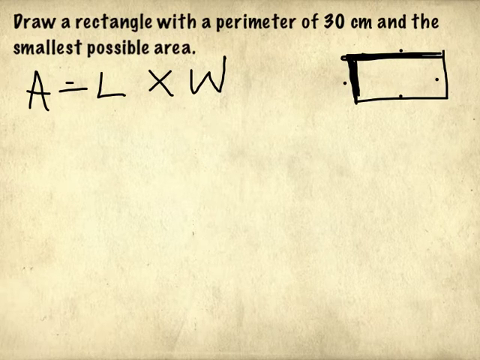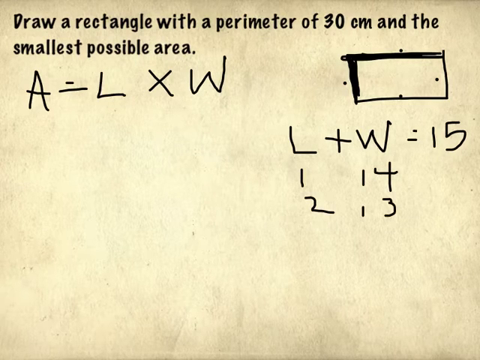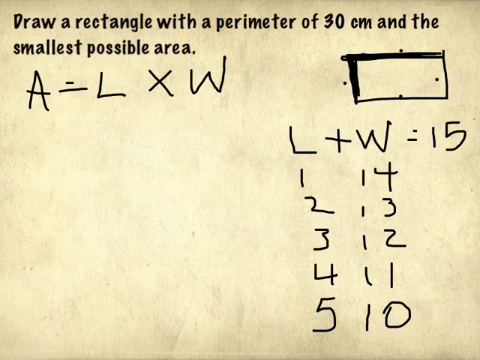So 2 sides will be half of that. So the area is going to be the length times the width, and the length plus the width have to equal 15. So all the numbers that could add up to 15 would be 1 and 14, 2 and 13, 3 and 12, 4 and 11, and so on. This question is asking me to find the smallest possible area.